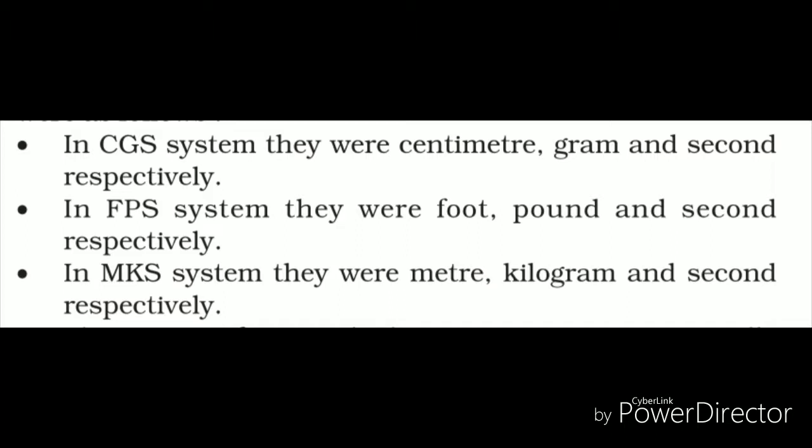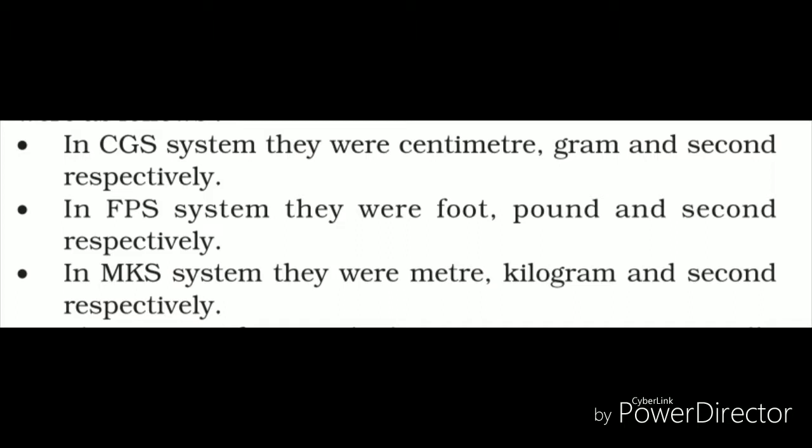CGS system. C means centimeter, G means gram, S means second. In the CGS system, we measure length in centimeters, mass in grams, and time in seconds. The FPS system is the British system, which is foot, pound, and second: foot for length, pound for mass, and second for time.